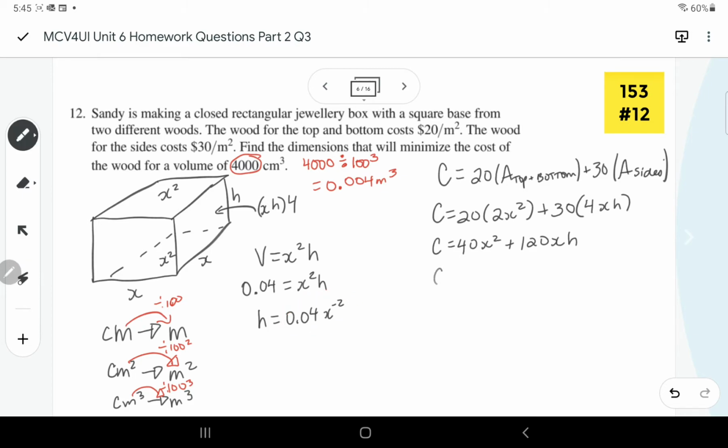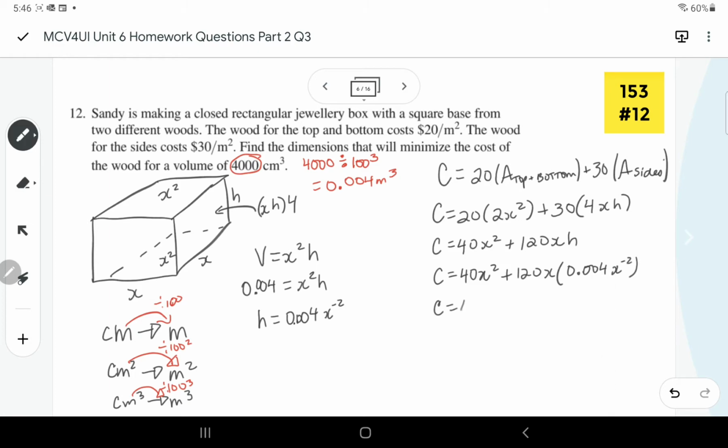Then when I sub that into my cost function, 40x squared plus 120x times 0.004 x to the negative 2.